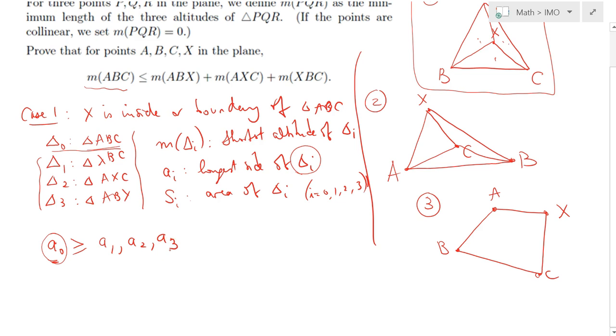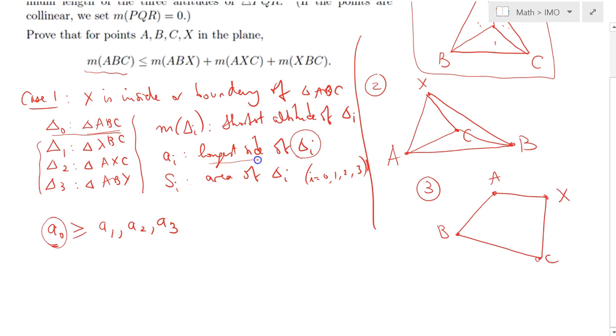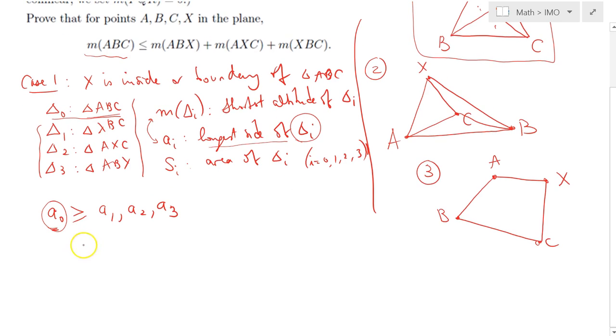Second of all, the longest side of a triangle is associated with the shortest altitude of that triangle, and therefore we can easily write the following expressions. A sub i times M of delta i over 2 would simply be equal to S sub i, the area of that triangle i. And finally, the area of the whole triangle S sub 0 is simply equal to S sub 1 plus S sub 2 plus S sub 3.